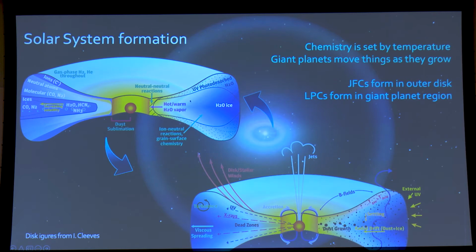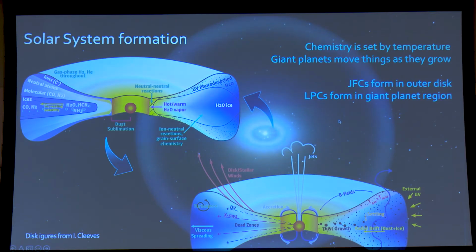At the same time that you're forming the chemistry in the disk, you're also going to have the dust grains starting to coagulate and beginning to build up the planetesimals. Once they get big enough and you get large bodies, such as the giant planets, everything starts to move around. So you set the chemistry as a function of distance from the young protostar, and the giant planets mess things up by scrambling things up.